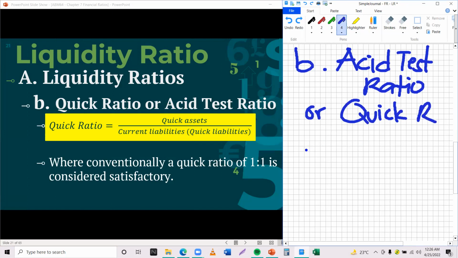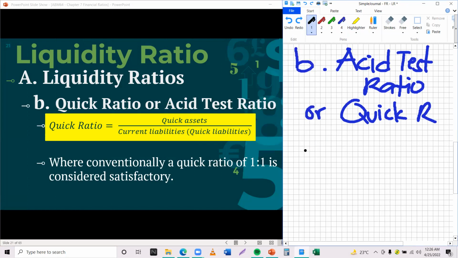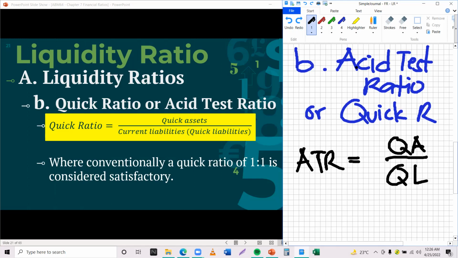The formula would be acid test ratio or QR equals quick assets over quick liabilities. As simple as that. Liquidity ratios mostly talk about the current financial position of the business.